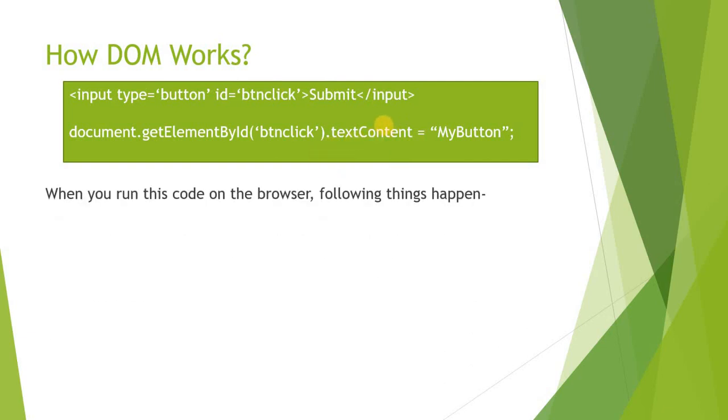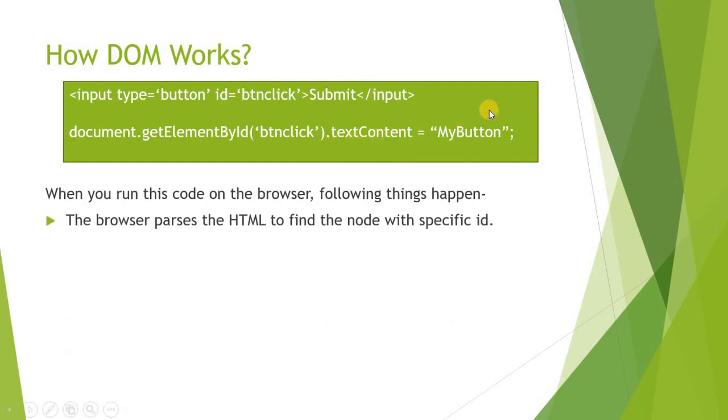Whenever you run this code on the browser, the following things happen. The first thing, the browser parses the HTML to find the particular node of the specific ID using document.getElementById, which you defined as btnClick.